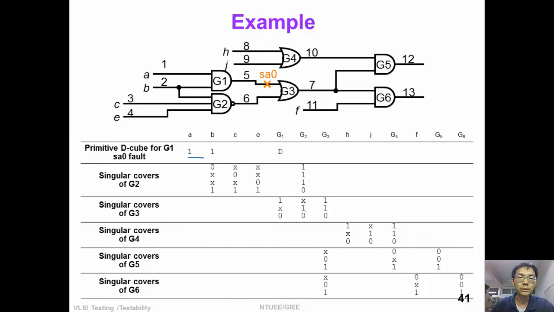The primitive D-cube for the G1 output stuck-at-0 fault: we have AB equal to 1, 1 and G1 equal to D. And we also showed singular covers of G2, G3, G4, G5, and G6.